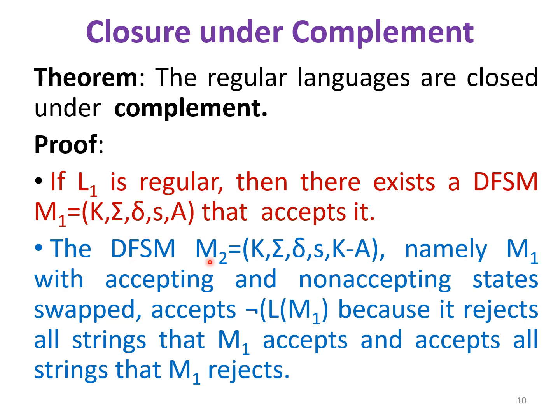The DFSM M2 = (K, Σ, δ, s, K - A), namely M1 with accepting and non-accepting states swapped, accepts the complement of L(M1) because it rejects all the strings that M1 accepts and accepts all the strings that M1 rejects.